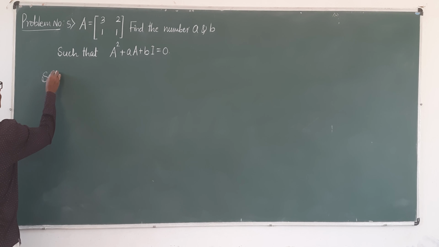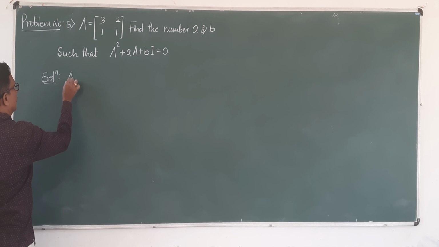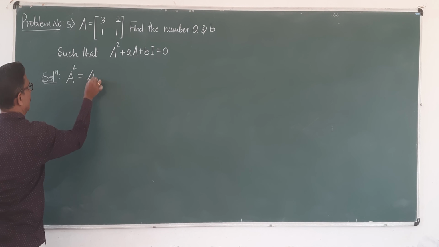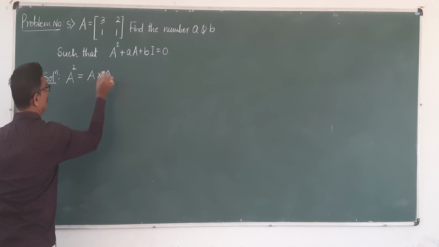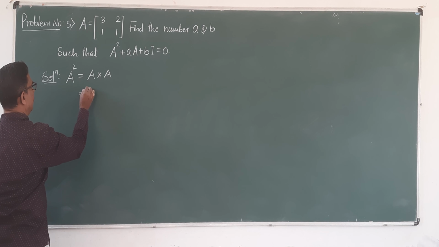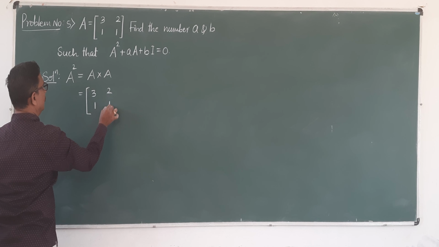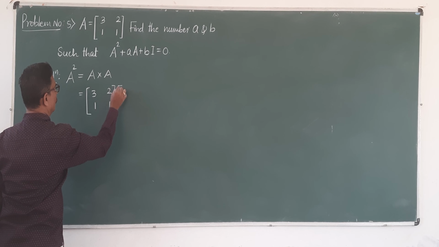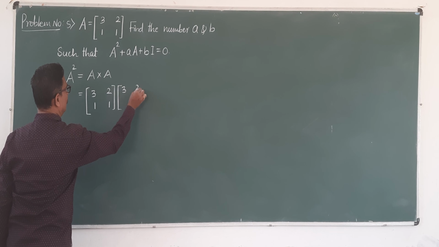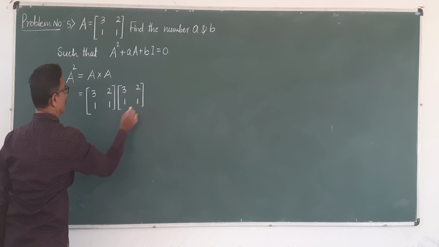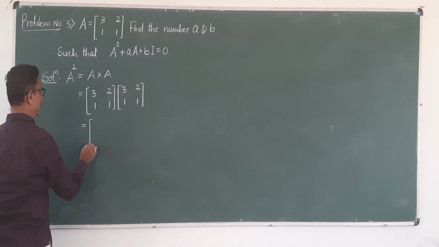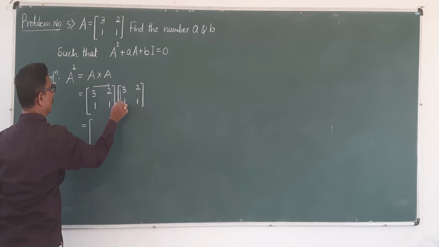Now here, first we need to find A square, which is the same as A into A. The A matrix is 3, 2, 1, 1, into the same matrix 3, 2, 1, 1. Now multiply those two matrices, row by column.